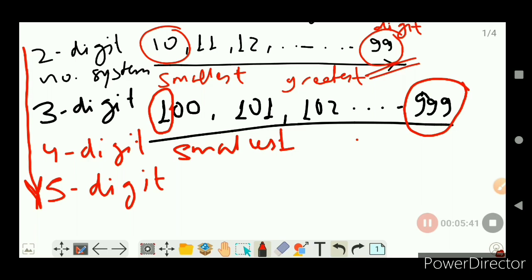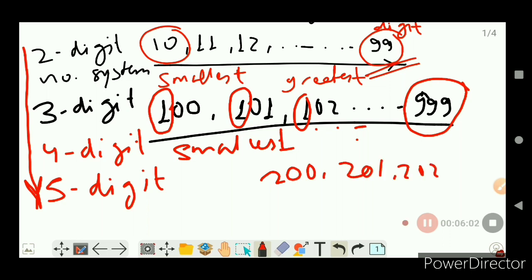We know no number can start from 0, and therefore it has started from 1. Then 3-digit numbers starting from 2 come up, 200, 201, 202, and so on, till 299, after which 300, 301, and so on.